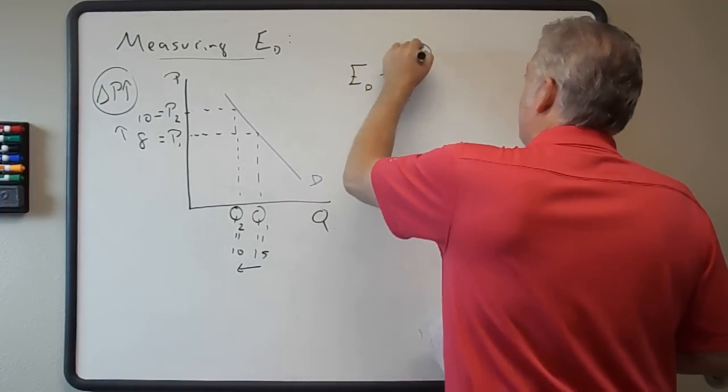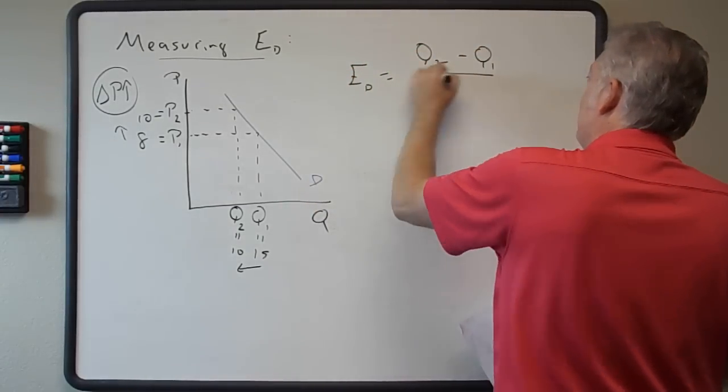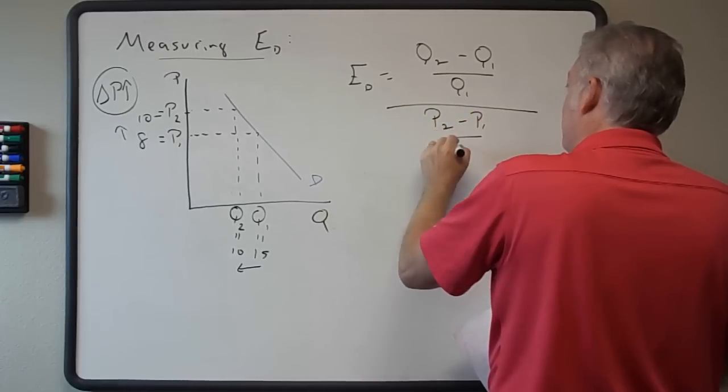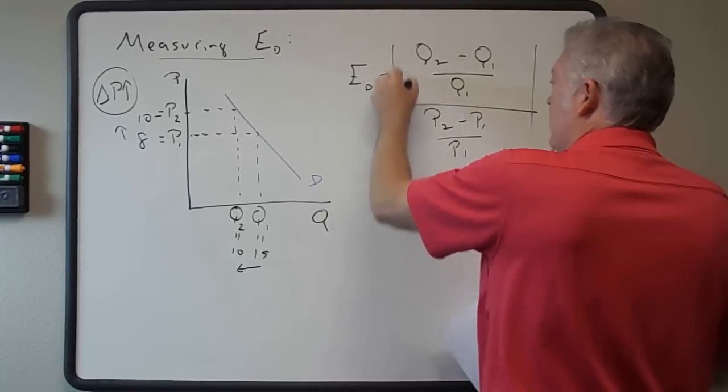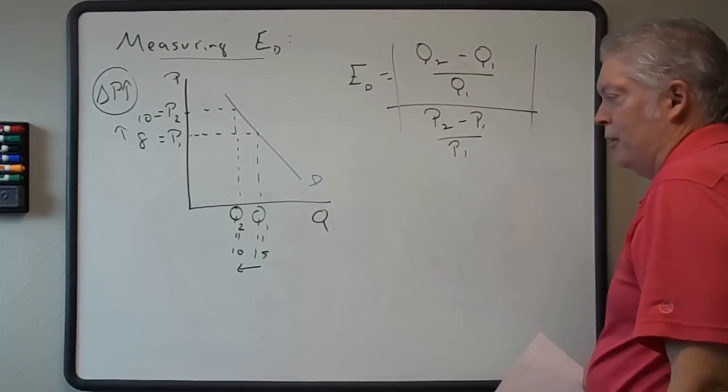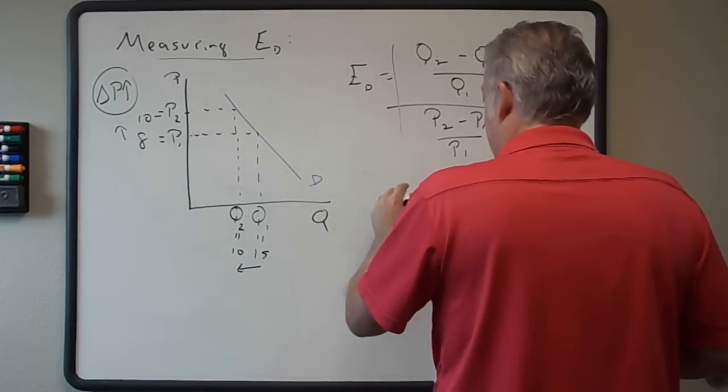We're going to start with this point price method: Q2 minus Q1 over Q1, divided by P2 minus P1 over P1, absolute value of the expression. All we're really doing now, and the math should be relatively straightforward, is plugging values in.